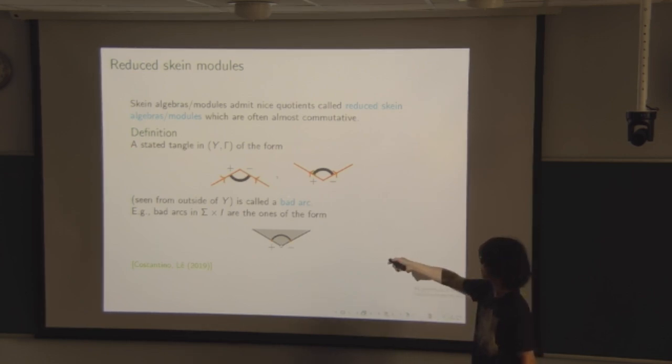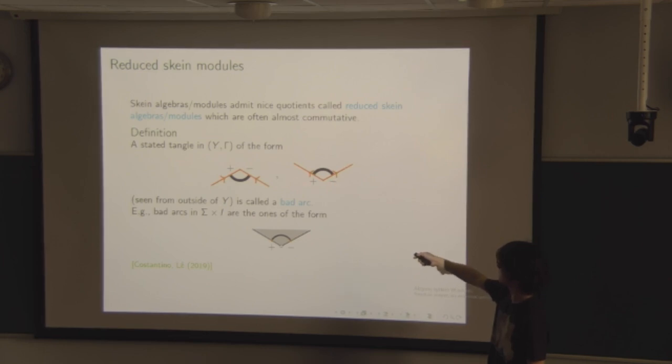So a stated tangle of the form, an elementary tangle that looks like this or this when seen from outside, we're going to call them bad arcs. So it must have these specific states. And these are the stated tangles that we want to take a quotient of.